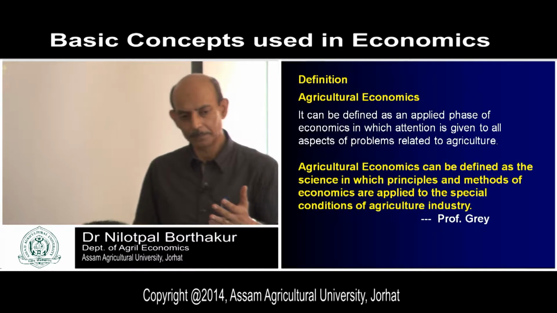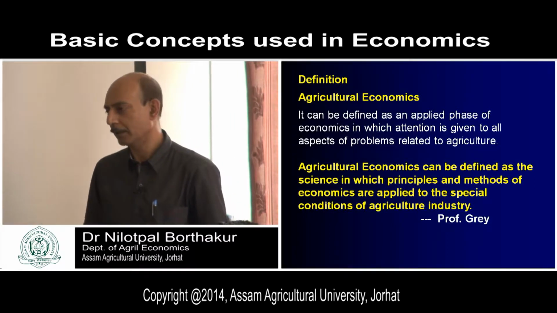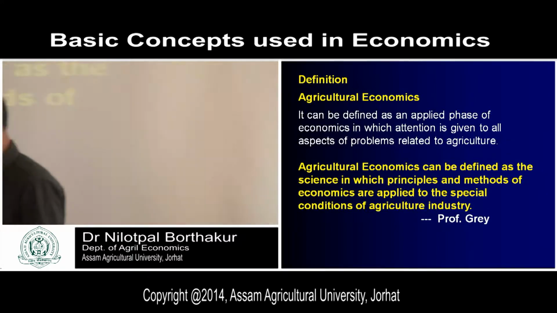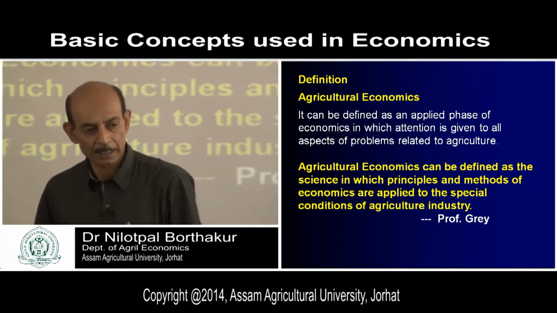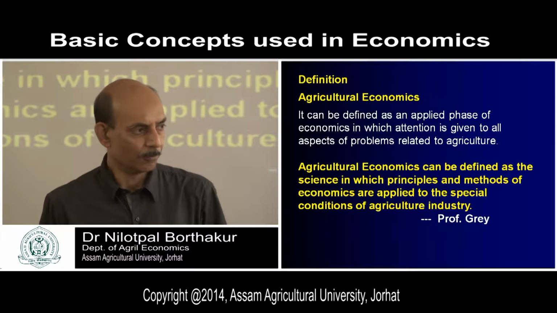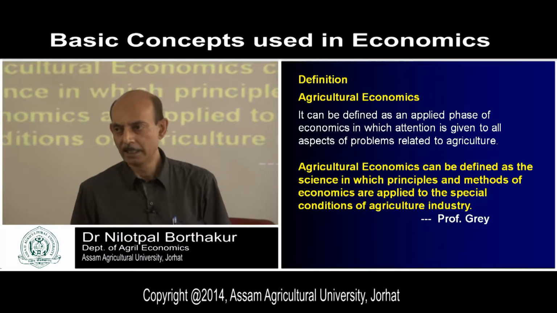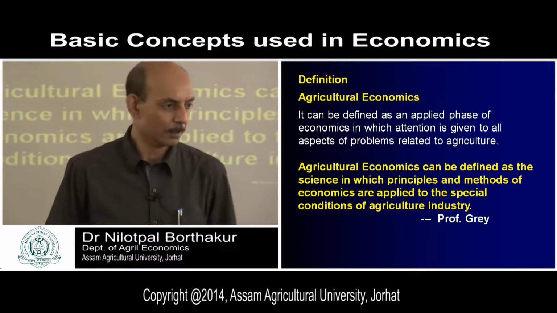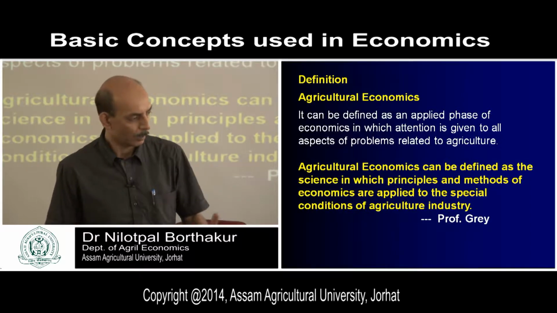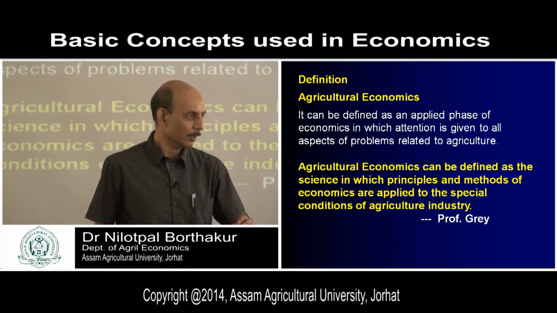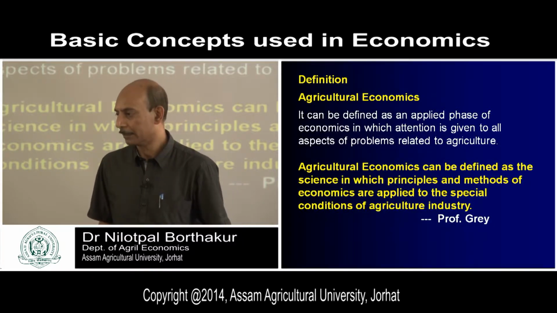In case of production of crops and rearing of animals, we also find that resources are used, different inputs are used, and these inputs are usually scarce. Fertilizer is costly. It can be applied to the production of, suppose, potato, and at the same time in that plot of land tomato can also be cultivated.